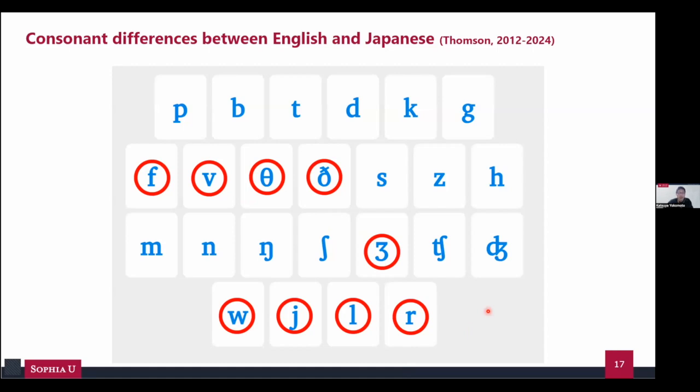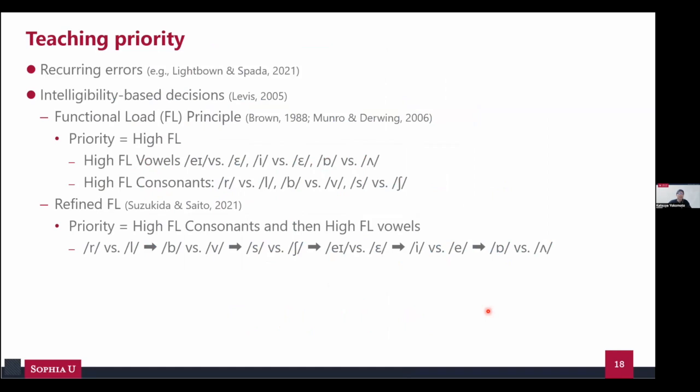Okay. And as you saw on the list, there is an overwhelming list of consonants and vowels. It's almost impossible to teach them all. I feel that way, at least. And you don't have to teach all of them. So you can focus on some pronunciation, actually.